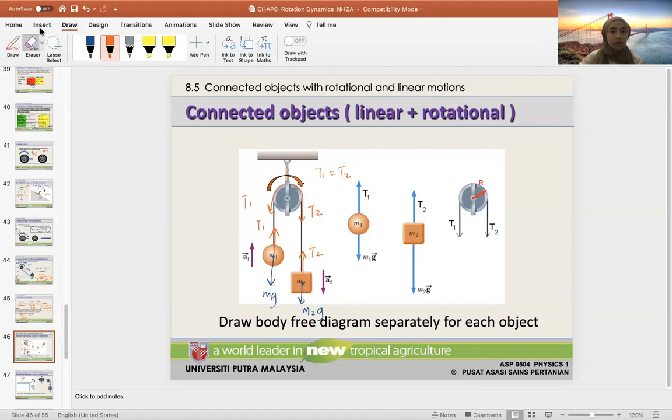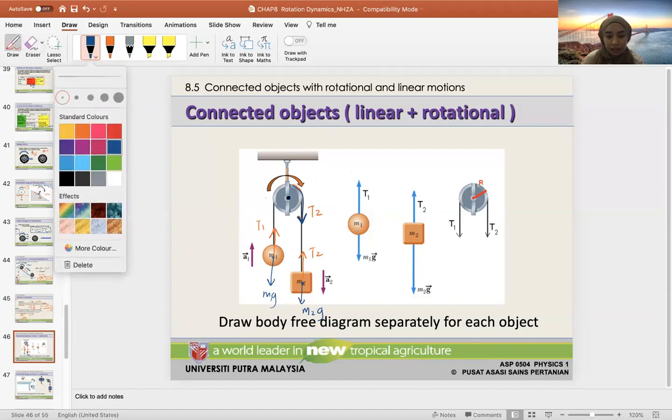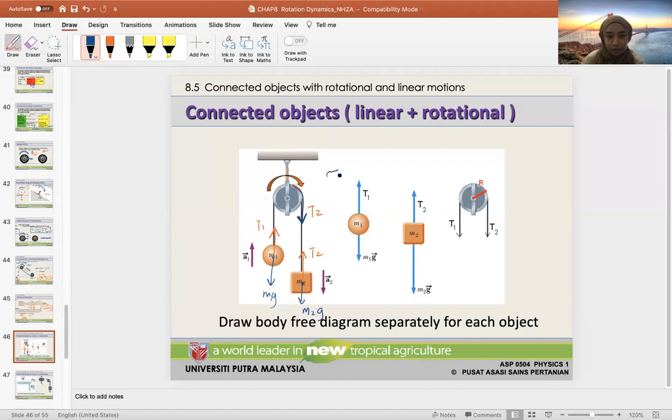Here, we are doing the rotational motion, whereby if we have tension over here, let's just look at one tension. The torque is RF, right?